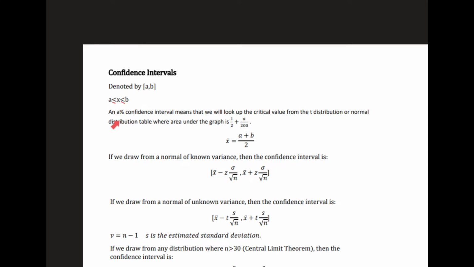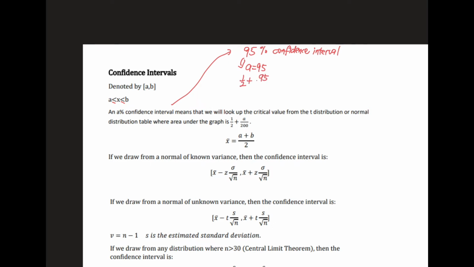So let's say our A% confidence interval is 95% confidence interval. So in this case, A is equal to 95. Okay. So what is half plus A over 200?